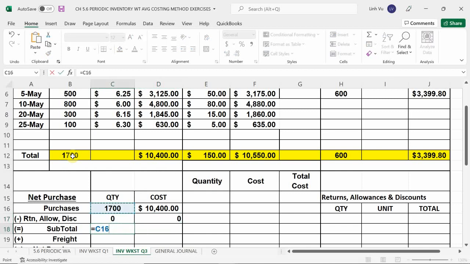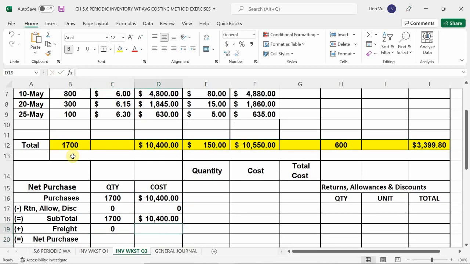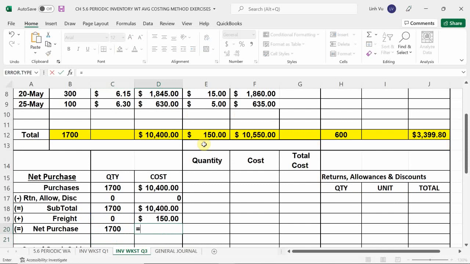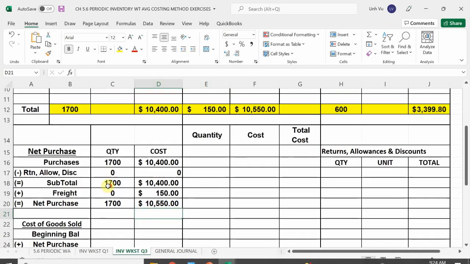In the Chapter 5 review, we are going to be looking into what happens when we have those returns and allowances, and I'll show you how to figure these numbers out. Freight cost is nothing to quantity, but we know it's going to increase our total cost by $150. So there you go.